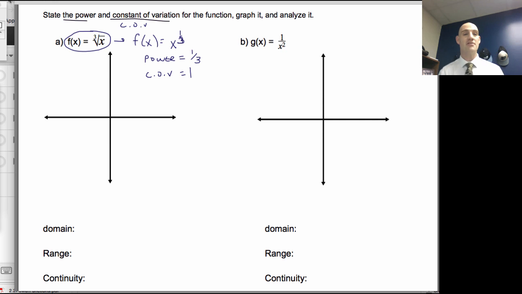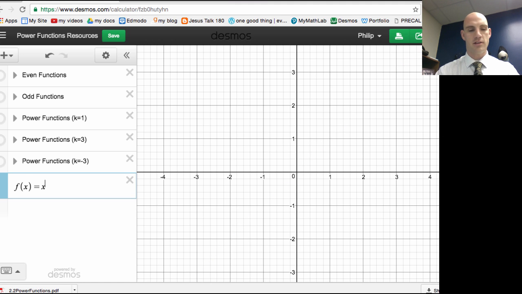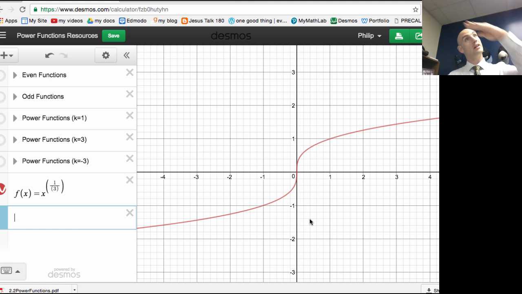When I go to graph this, and I'm going to pull up my little calculator here, my Desmos graphing calculator, you can use your TI-84. If I do f of x is equal to x raised to the 1/3 power, see what happens. Now, x cubed goes like this.